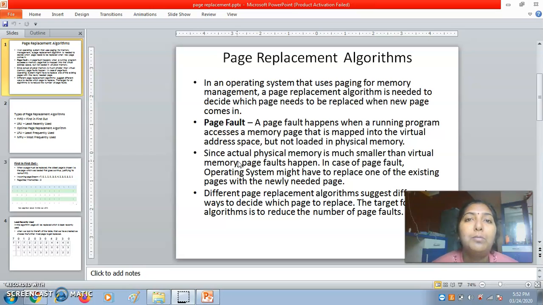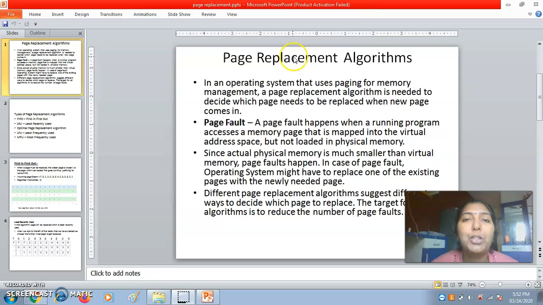So if all the frames are filled with one set of pages, we have to select one particular frame if we want to execute a new page. So then these page replacement algorithms can be used to select one of the frames for page replacement, and whenever the page is not present in the main memory, that condition is referred to as a page fault.